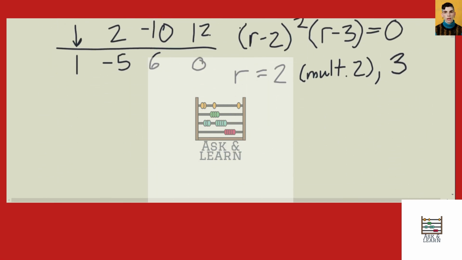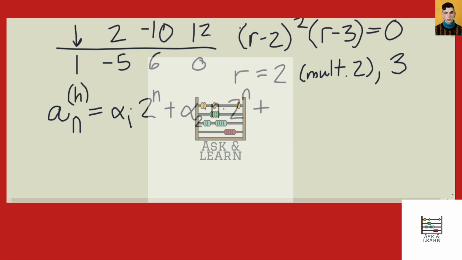And therefore, we have that the general solution to the linear homogeneous recurrence relation is a_1 times 2 to the n plus a_2 times n times 2 to the n plus a_3 times 3 to the n.